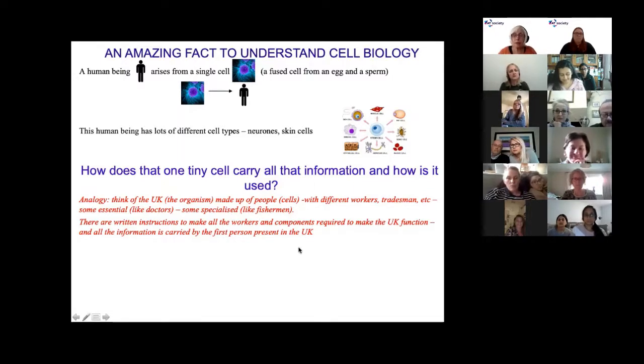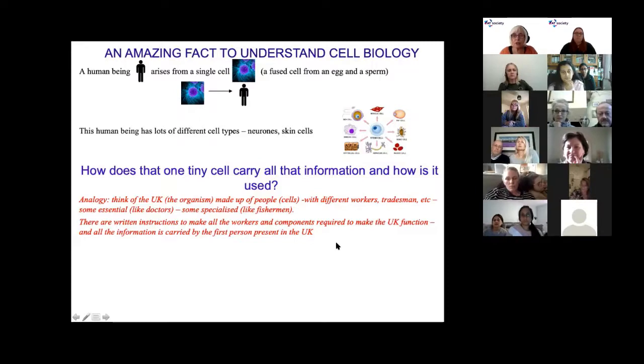And the written instructions, the information to make that whole human being, is written down, and you can think of it as being like that written information is all there to be able to make all the workers, all the components that you need to make that whole human being.